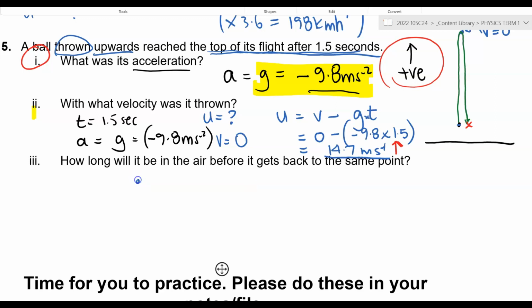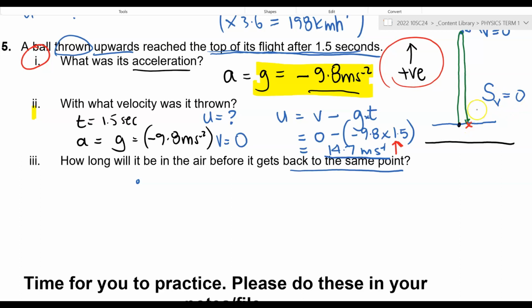The next thing to remember, part 3: how long will it be in the air before it gets back to the same point? What it's saying is our displacement. Remember, s is the symbol for displacement. Displacement in the vertical direction is 0. In other words, its takeoff point and landing point are both at the same height.